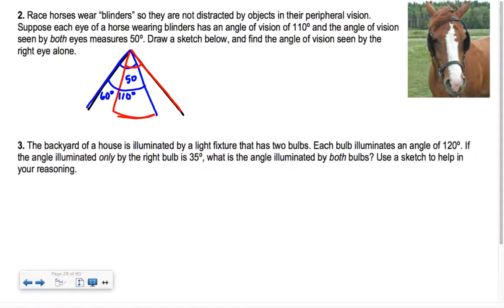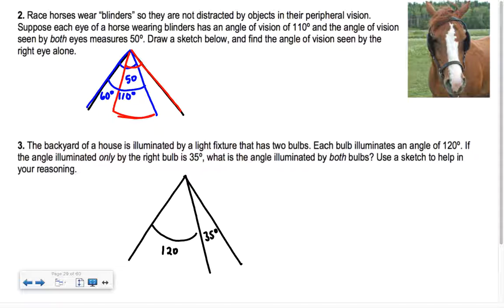And then that's the same thing with light bulbs. It says the backyard of a house is illuminated by a light fixture that has 2 light bulbs. Each bulb illuminates an angle of 120. If the angle illuminated by the right bulb only is 35, what's the angle illuminated by both bulbs? Each bulb individually does 120, but then only the right bulb is 35.